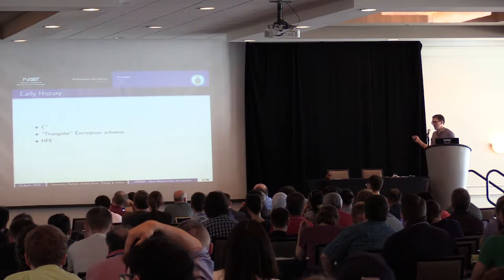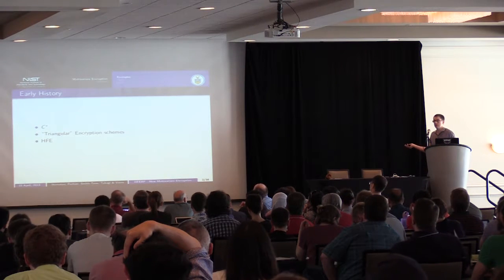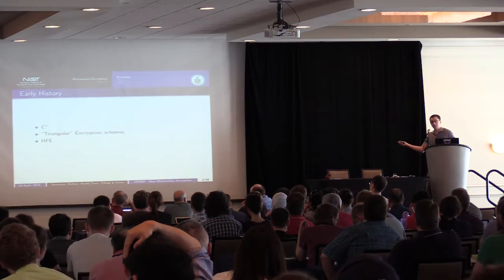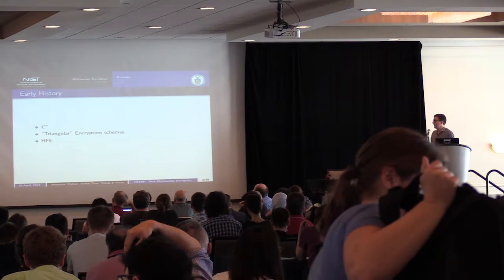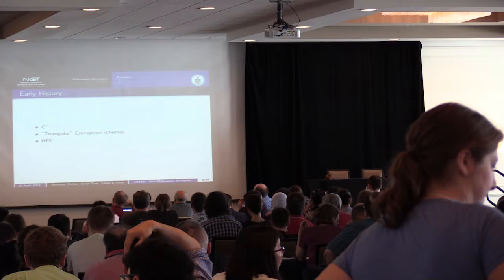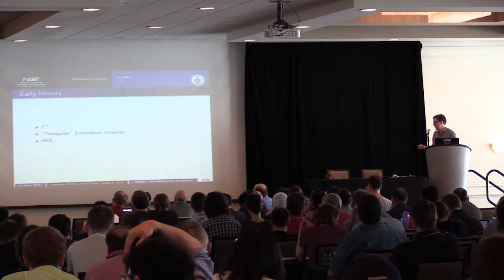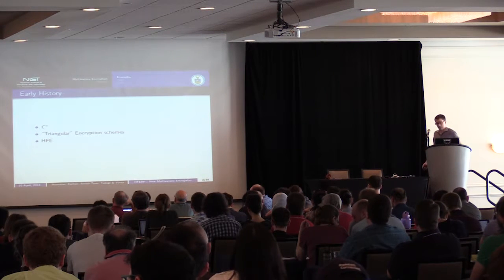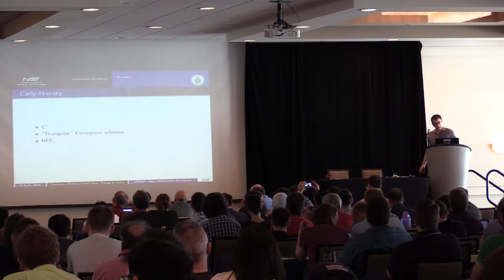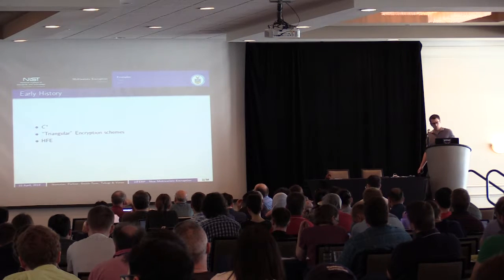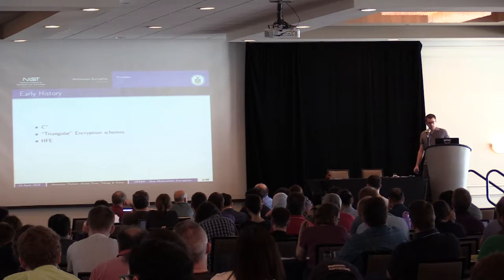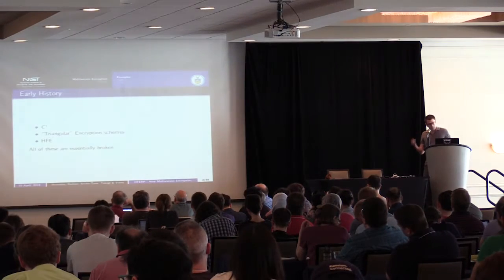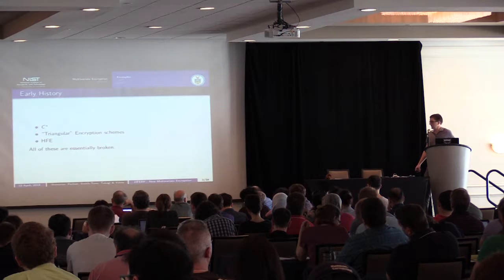Triangular encryption schemes, which would include things such as Moon Letter, also in the 80s, 1986, and HFE. These schemes are pretty much all broken. In fact, they are essentially all broken. HFE, you can find parameters to make it secure if you want, but it's not very efficient. So there's my statement: these are all essentially broken.